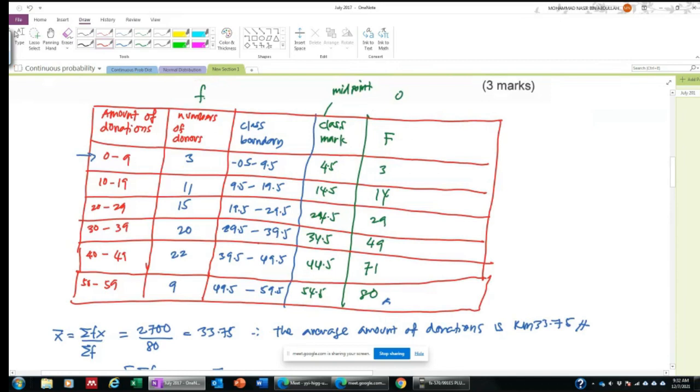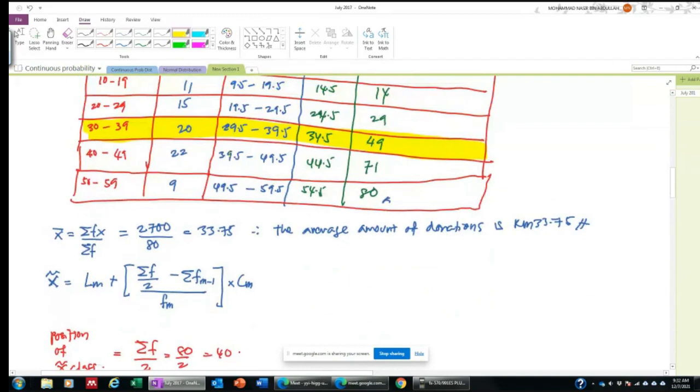So to select the median class, we need to look at the cumulative frequency column and find the value of 40 or next greater than 40. The next greater than 40 is 49. So this is your median class.